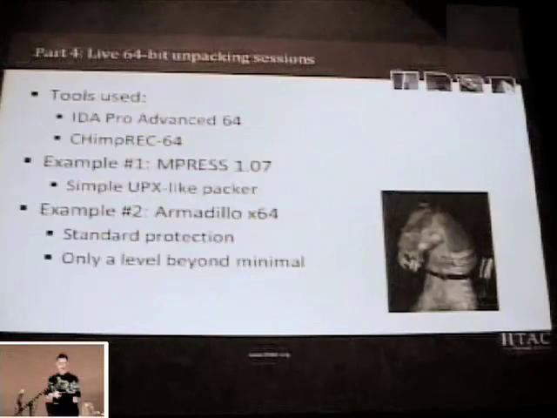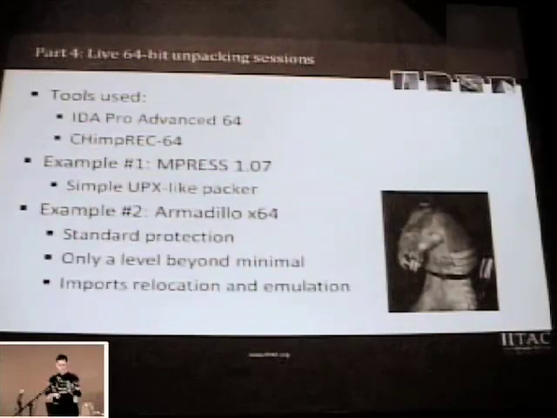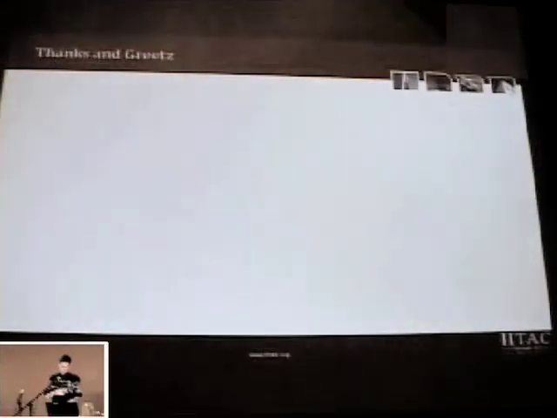So it's really basic. It only touches code a bit, and the imports. It doesn't do anything like nanomites or even weirder stuff like that. And also, it uses only import relocation and emulation. So let's go to the live portion of it.